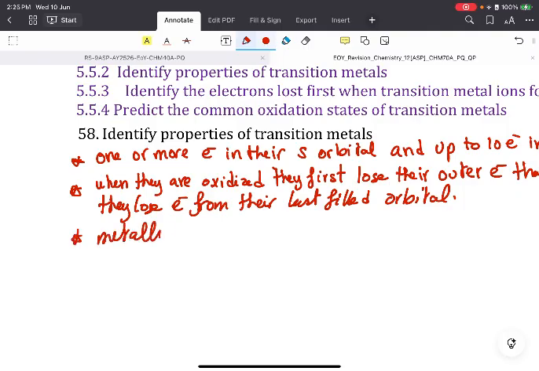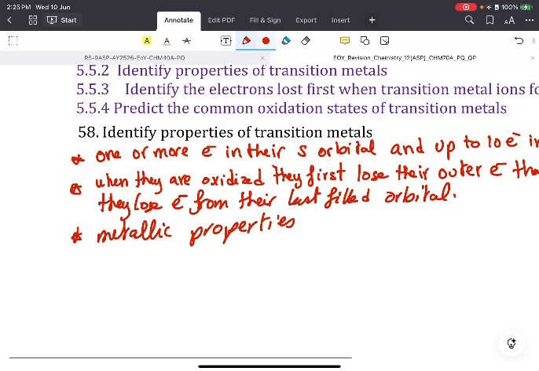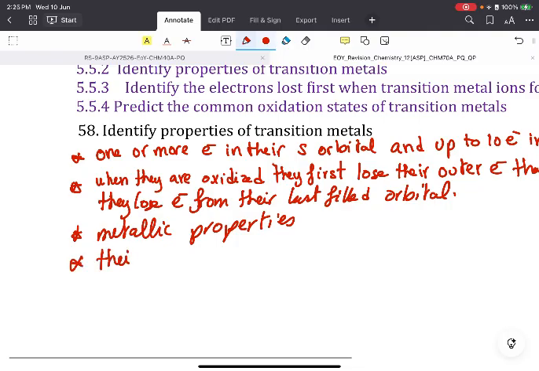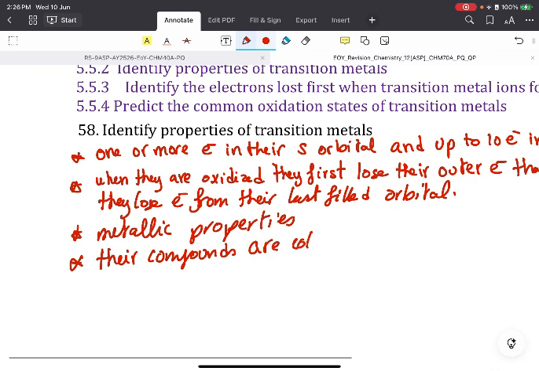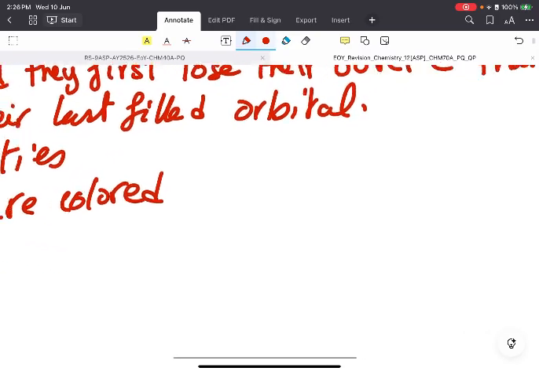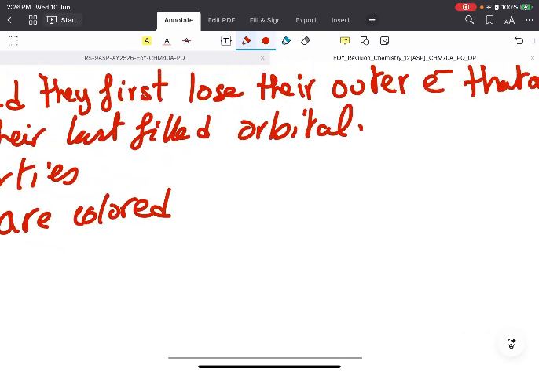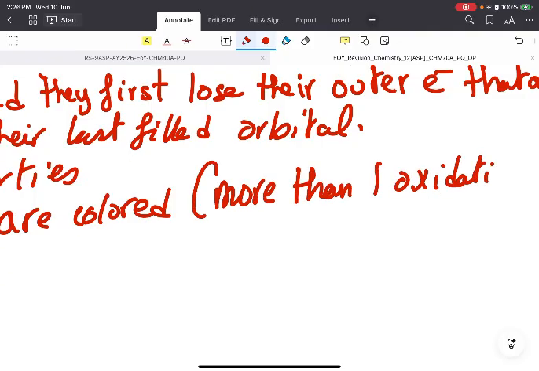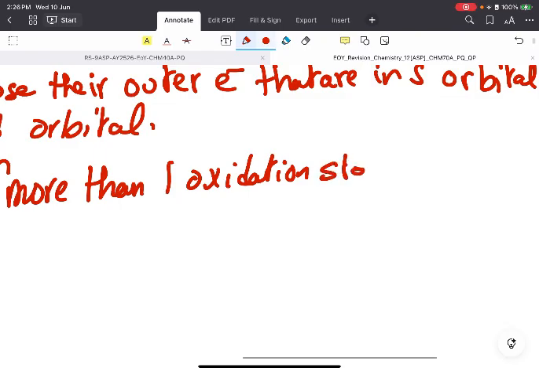They definitely have metallic properties such as being shiny, malleable, and good conductors of electricity. They are solid at room temperature. Their compounds are colored, and they are well known as the colored metals, because they can have more than one oxidation state.